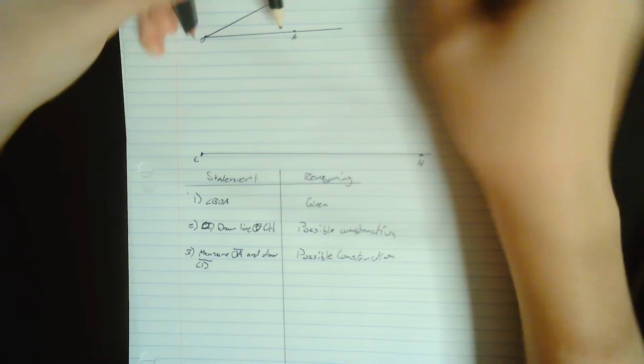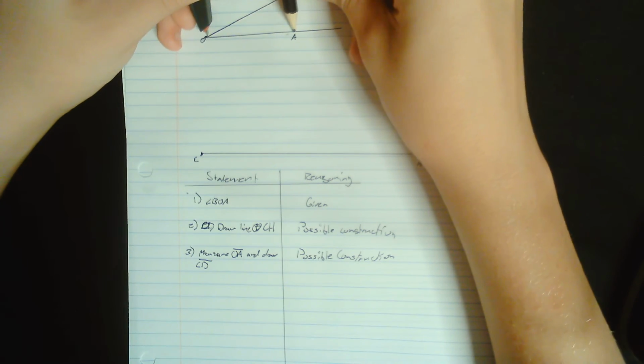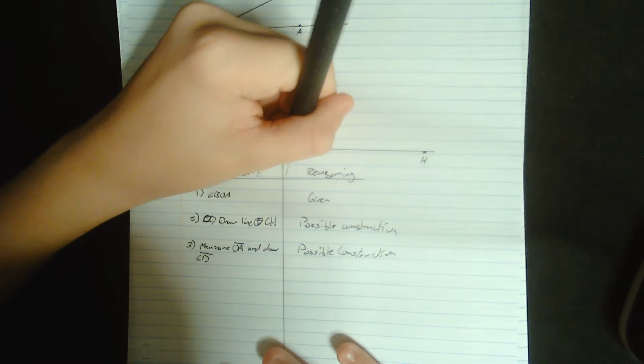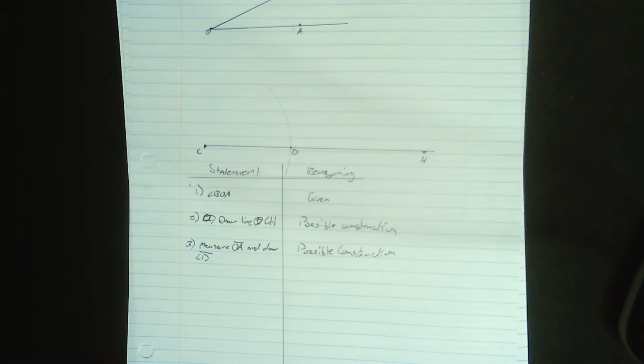What that step means is measuring the distance between point O and point A and doing that. And at the point where it intersects the line, this point right here is point D.